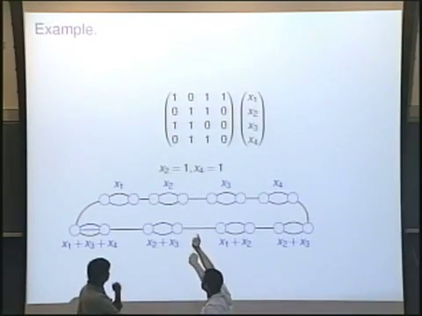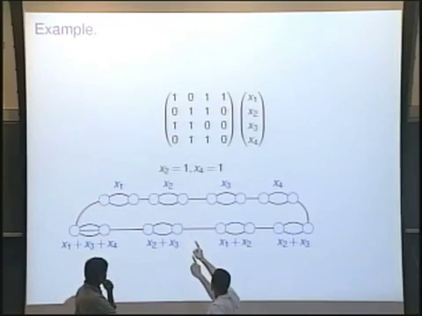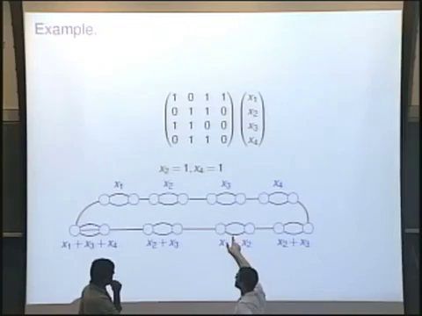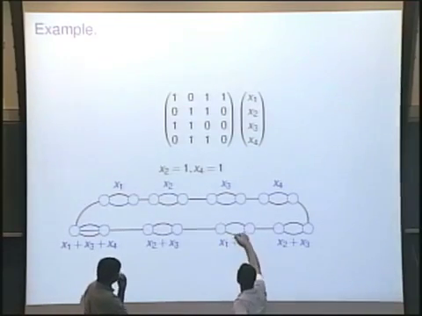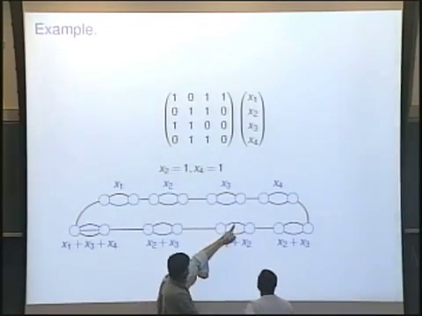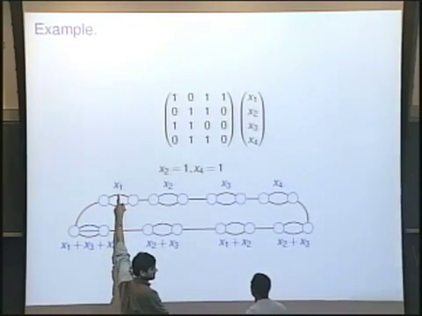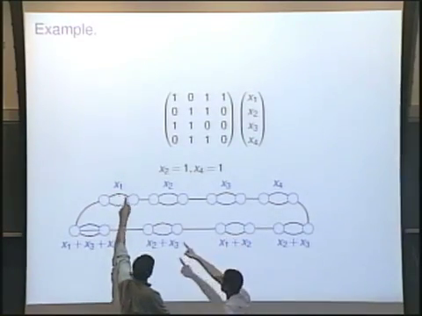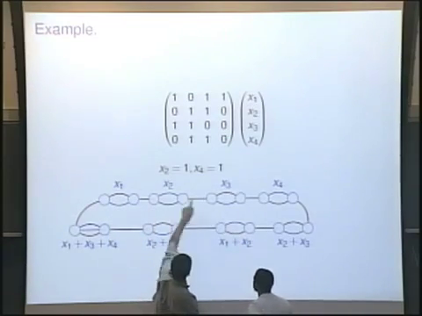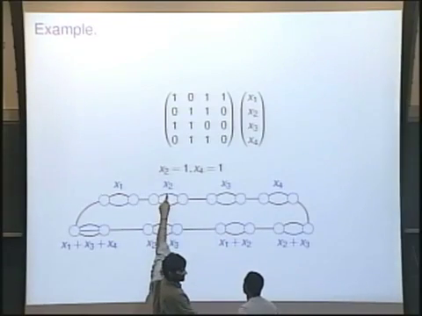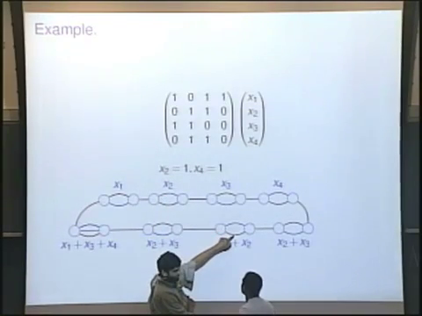Since that one is 1, that means we could use that, but since you're already using this, you can't use this one because that one's being used. But this one and this one are in pairs. So it says this one's not being used, so this one has to be used.